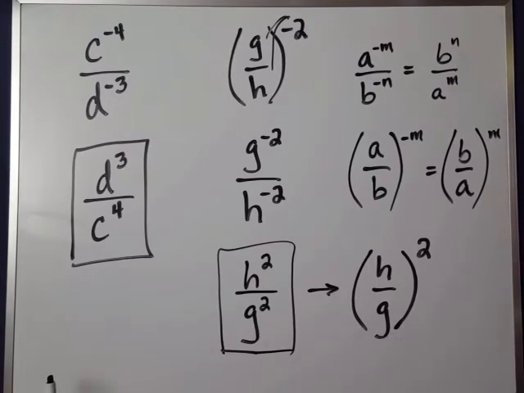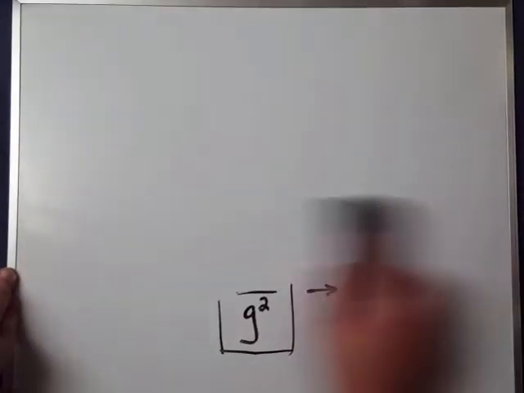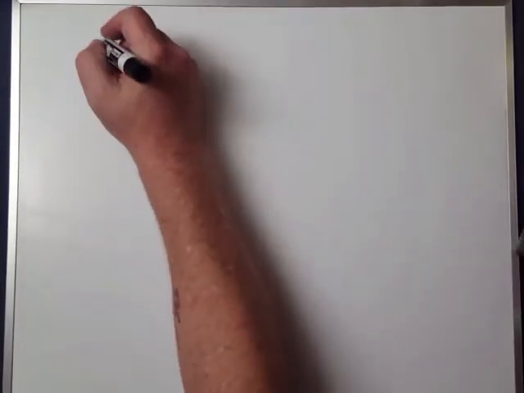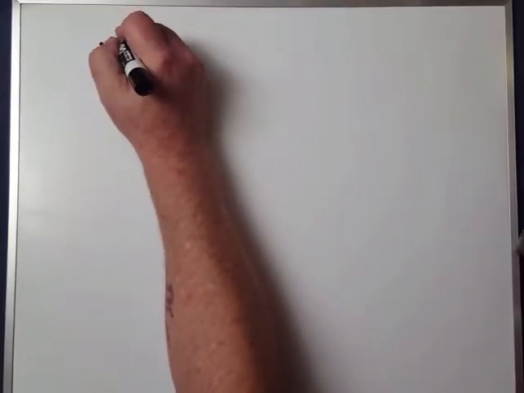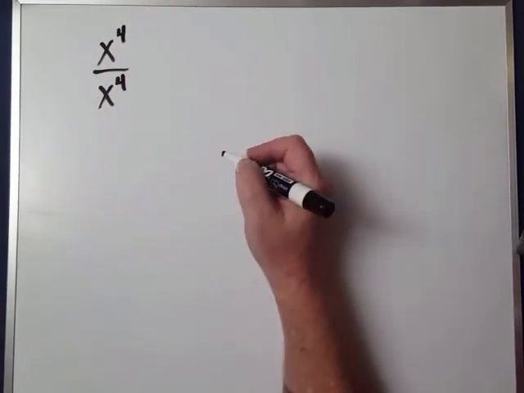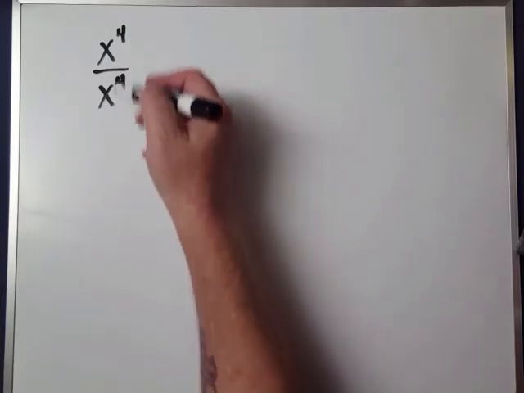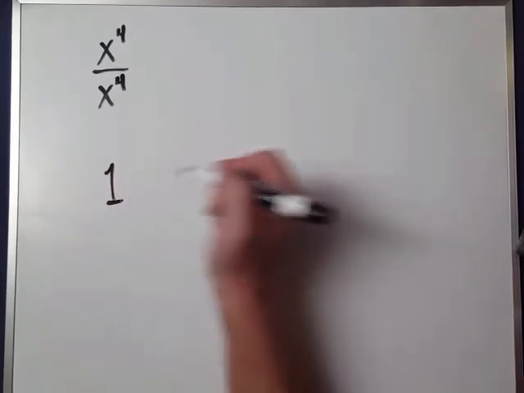There's one more thing we have left to discover as we consider this quotient rule for exponents. Something that we haven't looked at yet. What if I have something like x to the fourth over x to the fourth? Well, x to the fourth over itself, anything over itself, is 1.